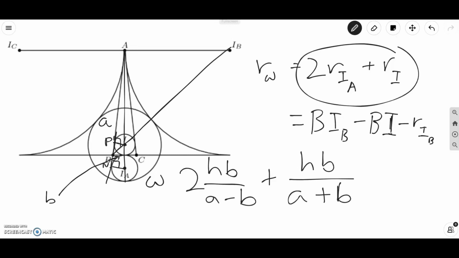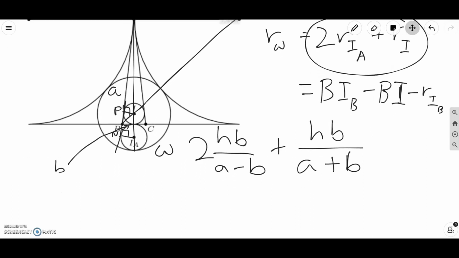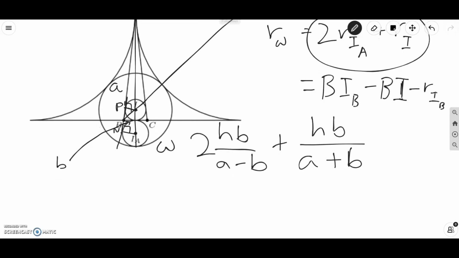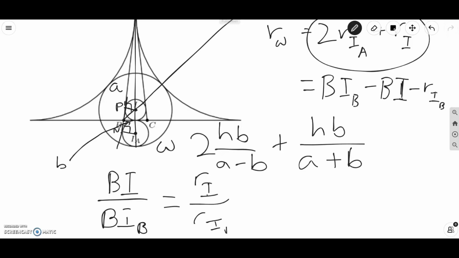So let me write that down. We have that the ratio of BI to BIB equals the ratio of RI to RIB.